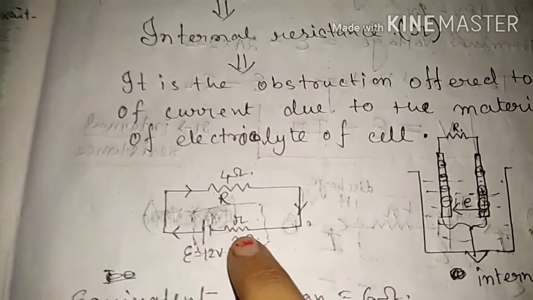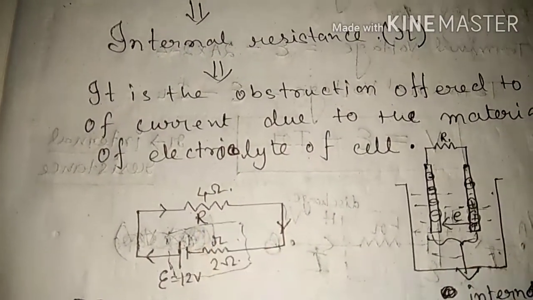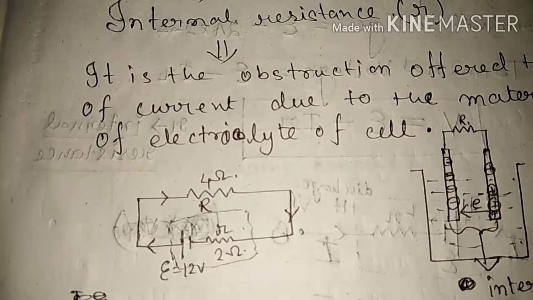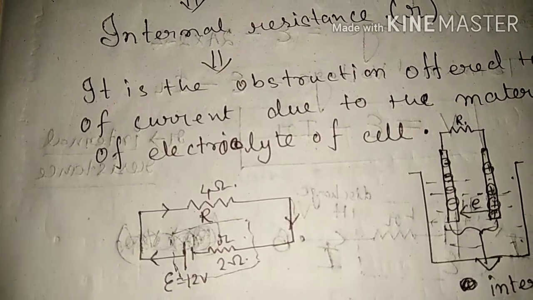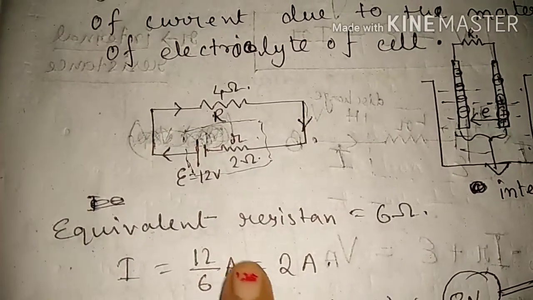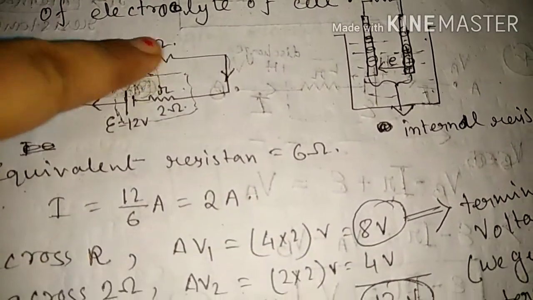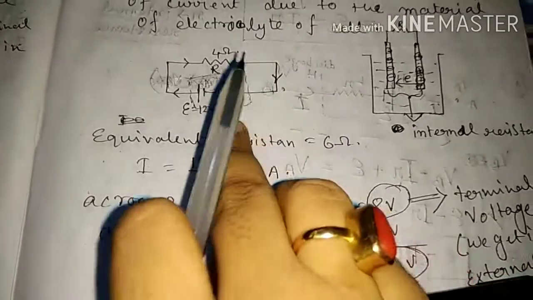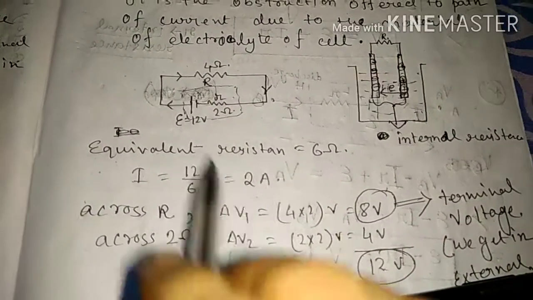Now if this internal resistance is 2 ohm and R equals 4 ohm, apply Ohm's law. The total equivalent resistance is 2 plus 4 is 6 ohm. So the current equals 2 ampere. Across R, the voltage is delta V1 equals 4 into 2, that is 8 volt, and across the internal resistance the voltage is 4 volt, total 12 volt we get.